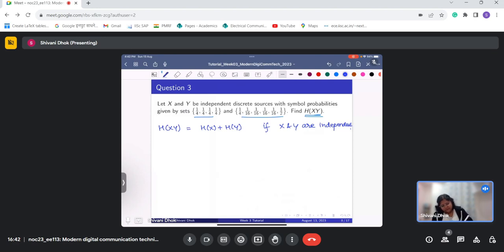In order to find this, let us first find out what is h of x.